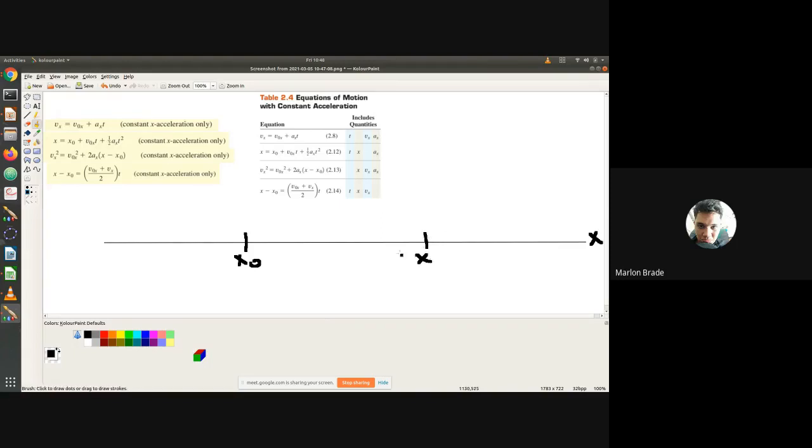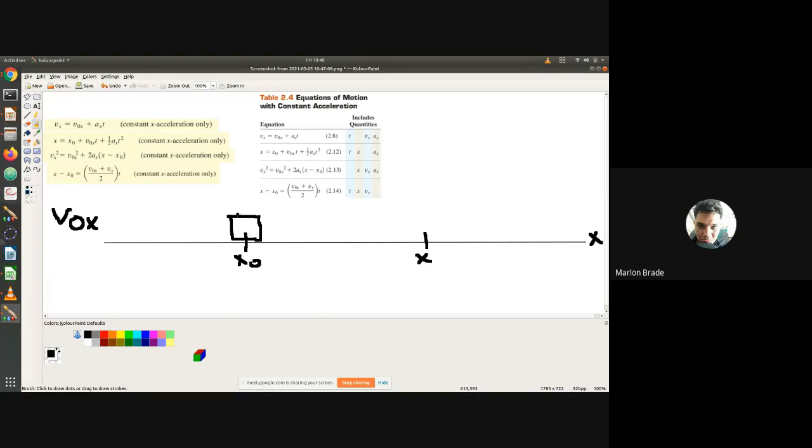Suppose an object is moving along the x-axis, with velocity v naught x, and suppose the acceleration is not zero. If your acceleration is not zero, it means that your velocity is changing, right? If you're moving in the positive x-axis and your acceleration is positive, your velocity is increasing.